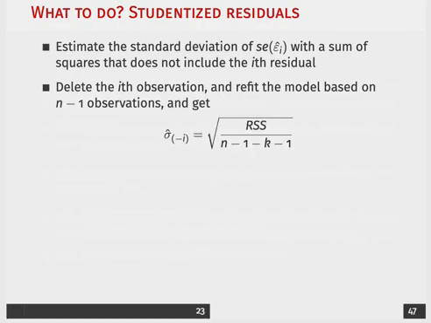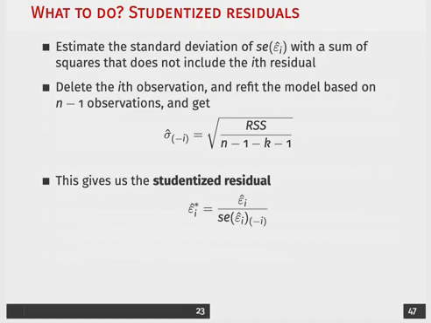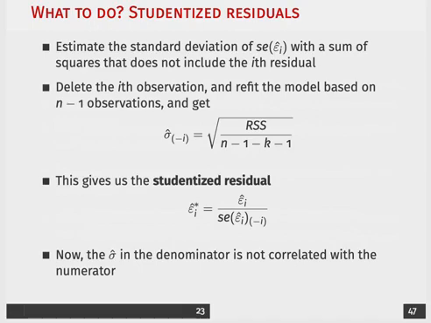Then we get a sigma that doesn't have that observation calculated into it, and this gives us the studentized residual. So now sigma in the denominator is not correlated with the numerator, and therefore we can reference the t-distribution for a test statistic.